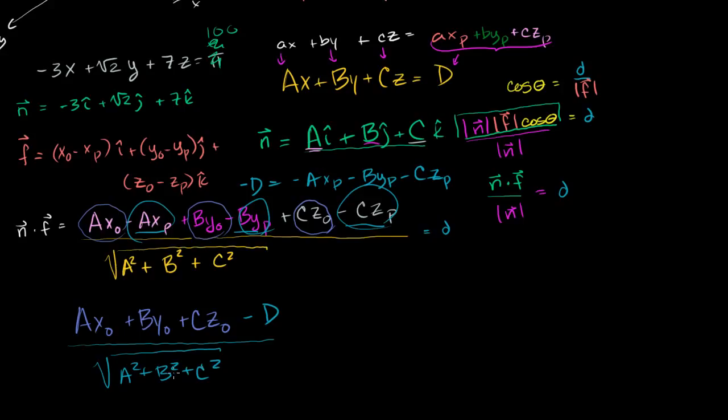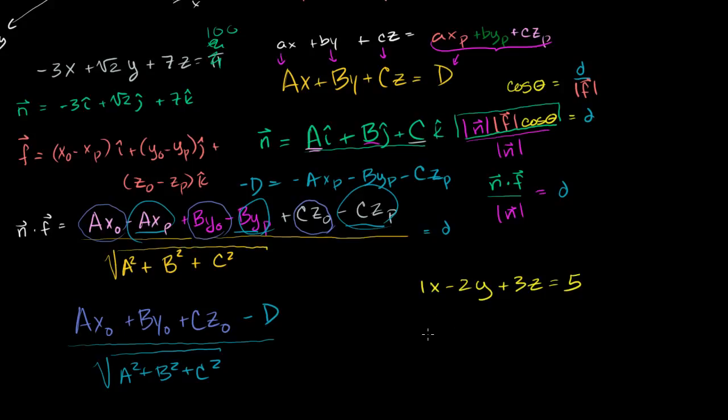And this is a pretty intuitive formula here. Let me give you an example. Let's say I have the plane 1x minus 2y plus 3z is equal to 5. So that's some plane. And let me pick some point that's not on the plane.